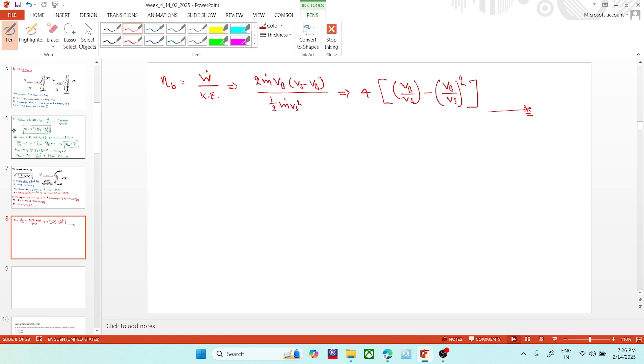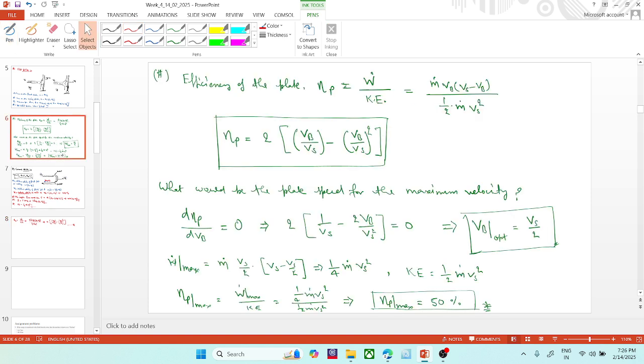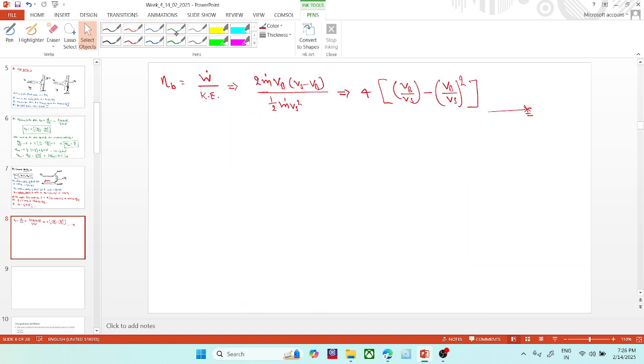Now our next aim is the same: we have to determine the optimum blade velocity for the maximum power generation or maximum blade efficiency.